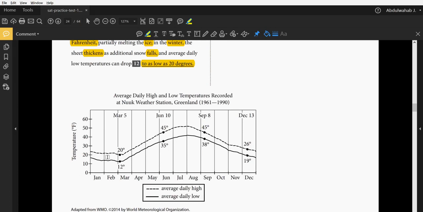Now, if we take a look at the graph, here you have the fluctuation of the temperature in Greenland. Average daily high and low temperatures recorded at Nuuk Weather Station, Greenland from 1961 to 1990. The dashed line, or the separated line, is the average daily high, and the line which is not separated, the one line, represents the average daily low.